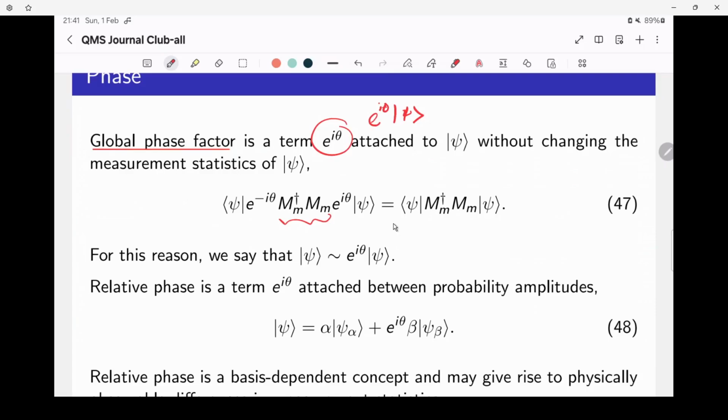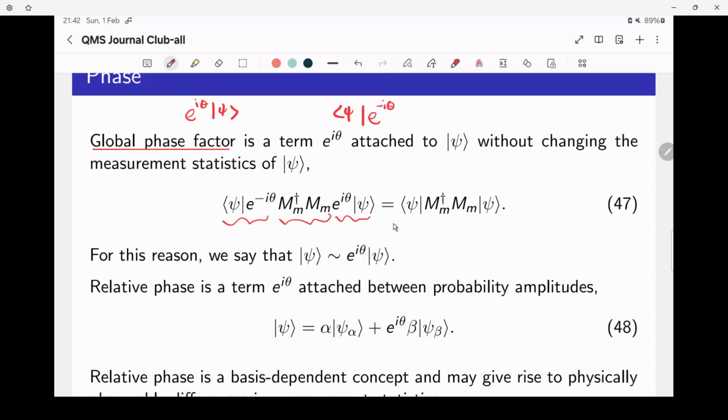operator, and the way this particular phase works is that you have to act on your ket, and then you also have to act on your bra. So in this case, you need to do the complex conjugate. That's why over here you get your complex conjugate version, and then over here you get your ket version.